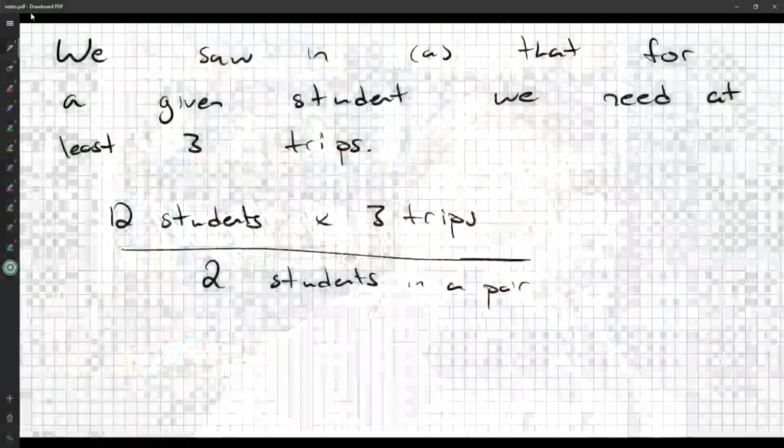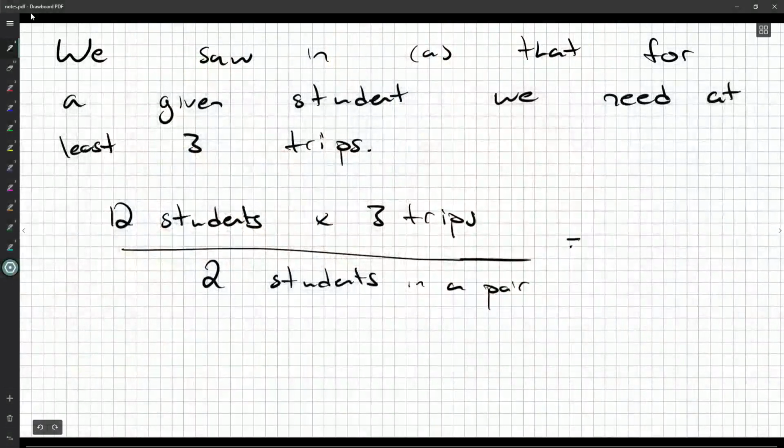Viewing once having the student as our singled out student, our Jeffrey from part A, and then having that same student be part of the innumerable horde of other students that our singled out student must be paired with. So that's why we have to divide by 2. And I needed to sort of talk that out for myself there. So that should be 36 over 2. That should be 18 trips. Will be needed.